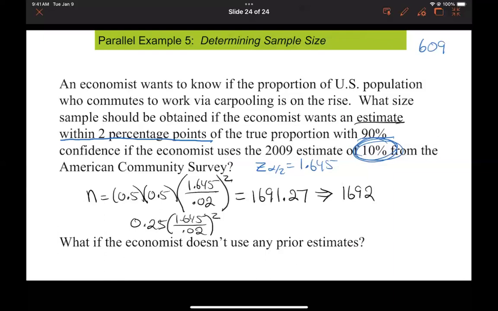And the 10% is a previous estimate, because it tells me I'm using a 2009 estimate of 10%. But whatever the margin of error is, when it says within a certain number of percentage points, that's always the denominator.